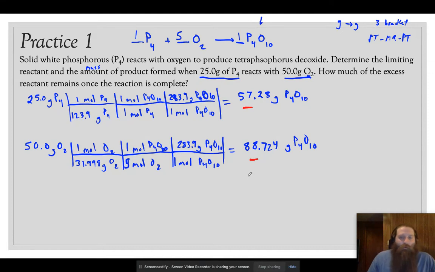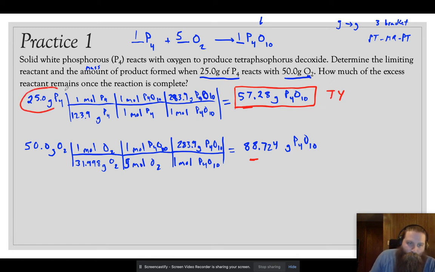And here's the thing about the theoretical yield. It is the lowest amount of product that you can make given two reactants, because one of the two is going to run out. It's smaller than 88, so this is the theoretical yield. The theoretical yield is made by the limiting reactant, which in this case is 25 grams of P4.